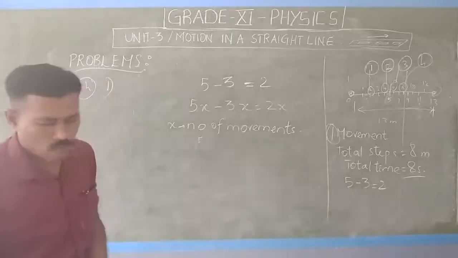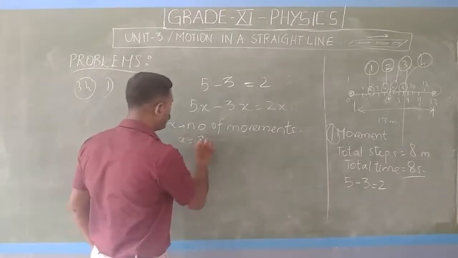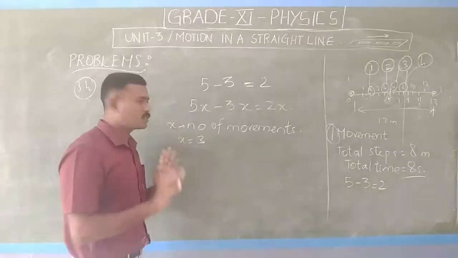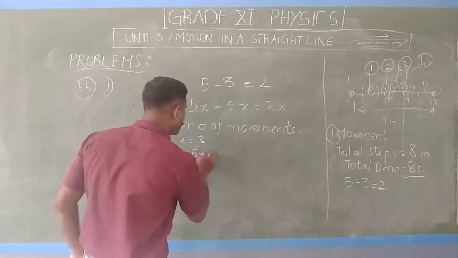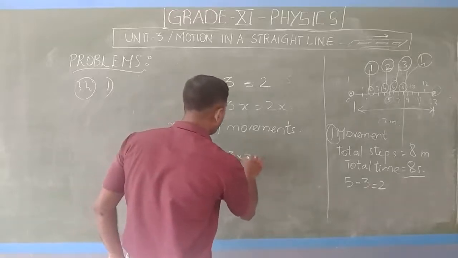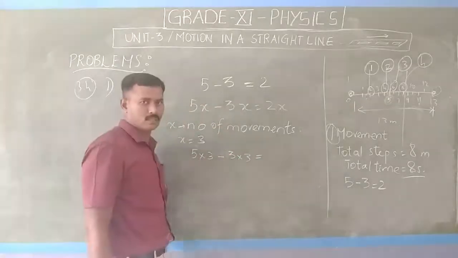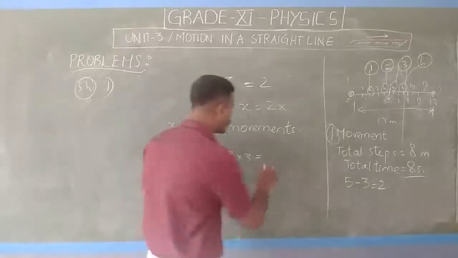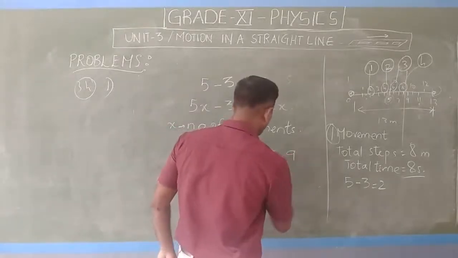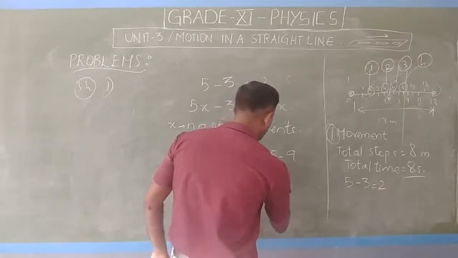So for x I am giving 3. That is 5 into 3 minus 3 into 3 equal to what? 5 into 3 is 15, 3 3s are 9. 15 minus 9 is 6.